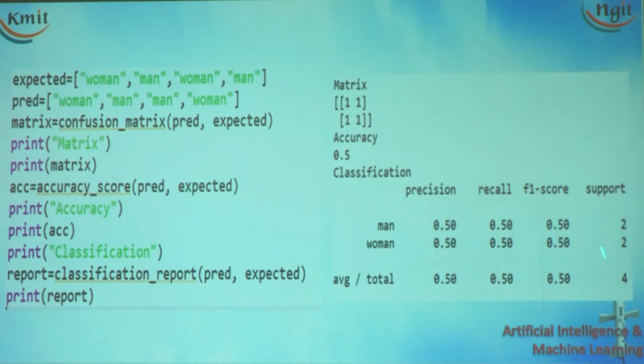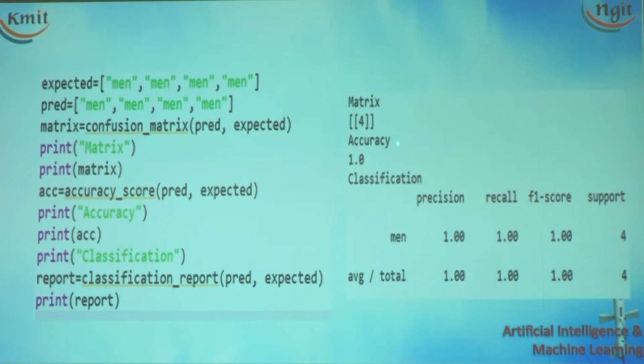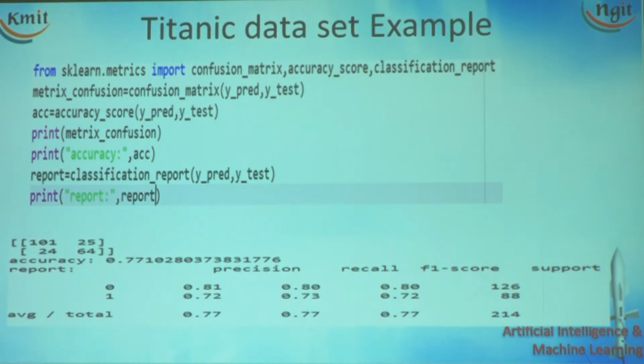And then support is 2, 2 only. Now see this: all men only, there is no woman, meaning accuracy is automatically 1. Reverse is also the same.